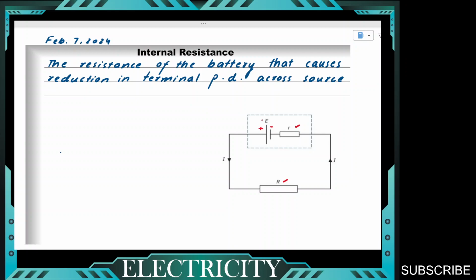And capital E is the marked EMF of the source. If the label says the EMF is 9 volts, that would be the marked EMF of the source. But the actual potential difference across the battery would be slightly less than that. It could be 8.7, 8.8, 8.9, but it will not be 9 exactly as the current flows through the circuit.